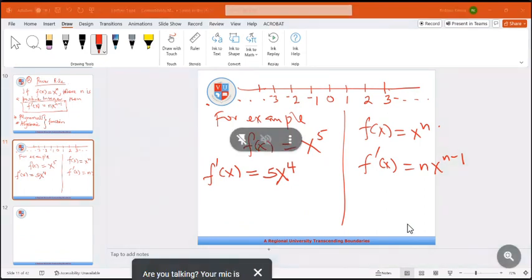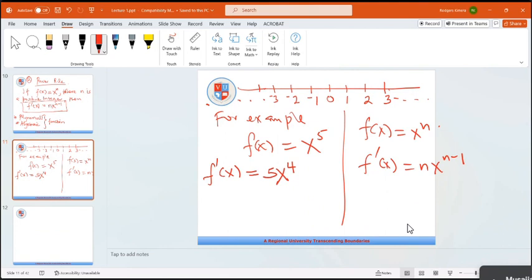I was still mentioning the power rule. So you multiply by the power and reduce the power by 1 to get the derivative.